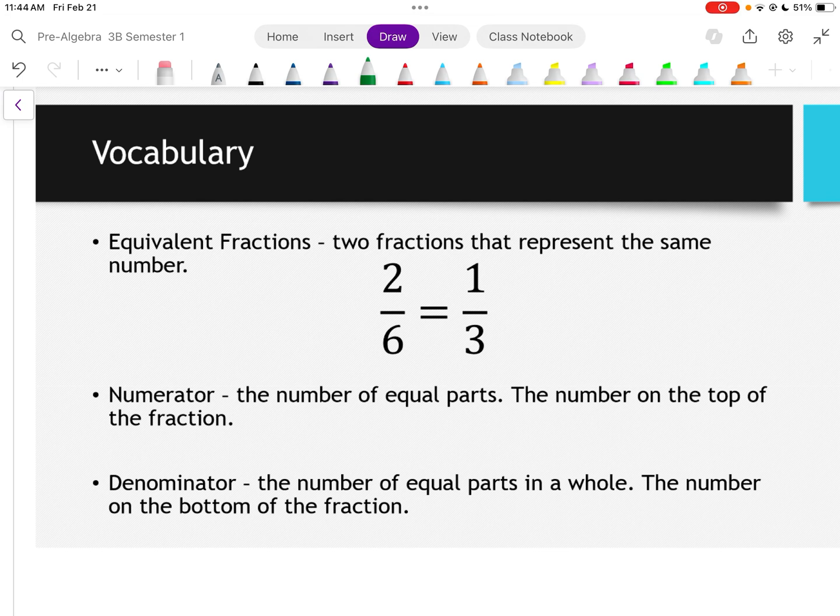All of those represented the same amount of shaded space in our picture and our diagram, which makes them equivalent fractions. And we talked about the numerator. That is the number of equal parts, the number on the top of the fraction. And then the denominator is the number of equal parts in a whole, the number on the bottom of our fraction. So if you need more time, pause. I'm going to move on to the next slide.